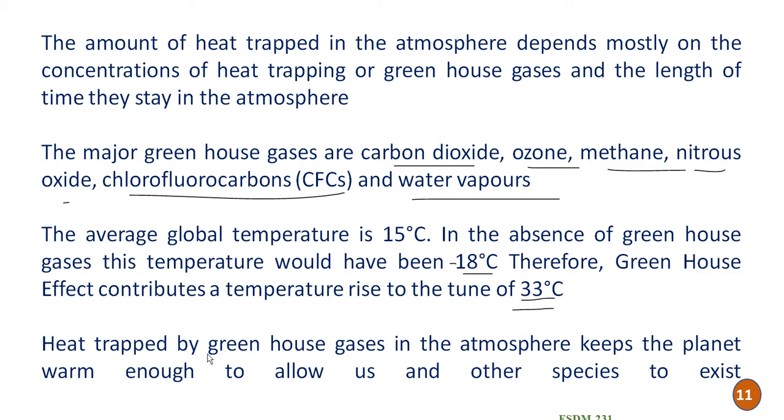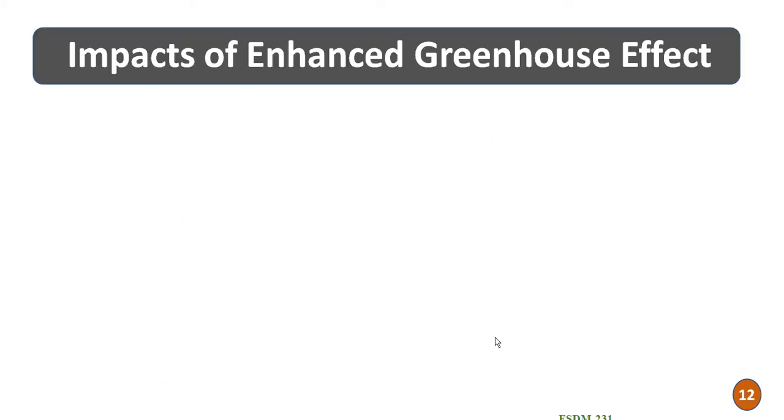And heat trapped by the greenhouse gases in the atmosphere keeps the planet warm enough to allow us and other species to exist. So this is again the condition of the temperature in the atmosphere, particularly in the troposphere, due to the presence and over quantity of these greenhouse gases.